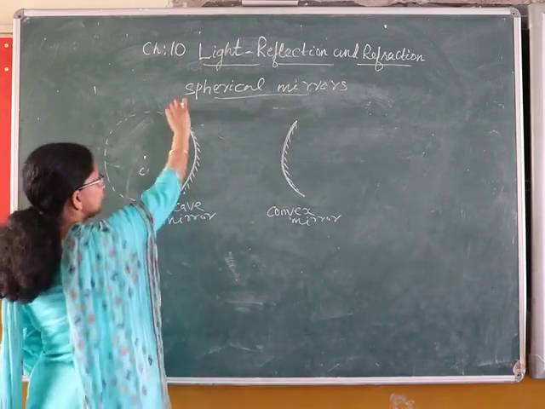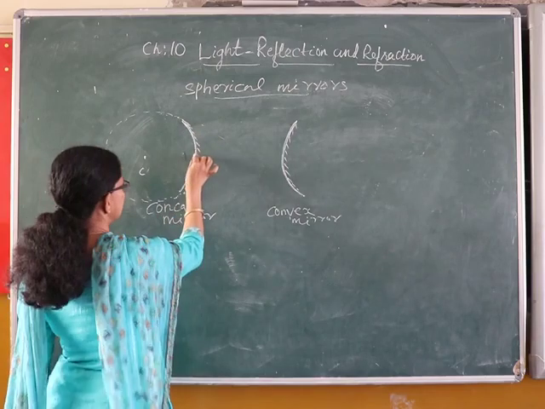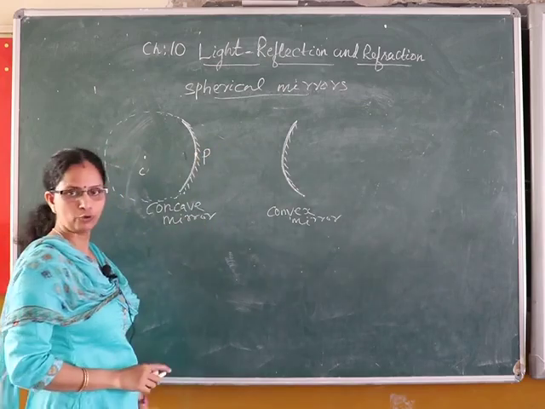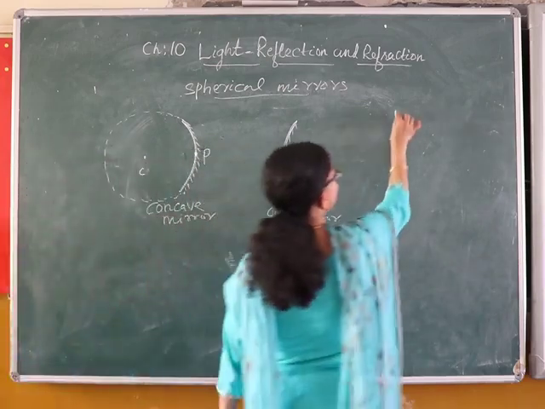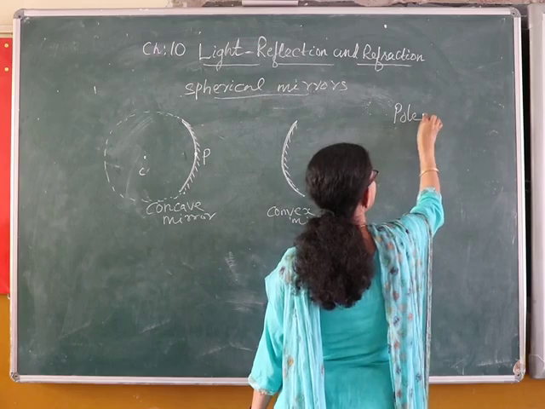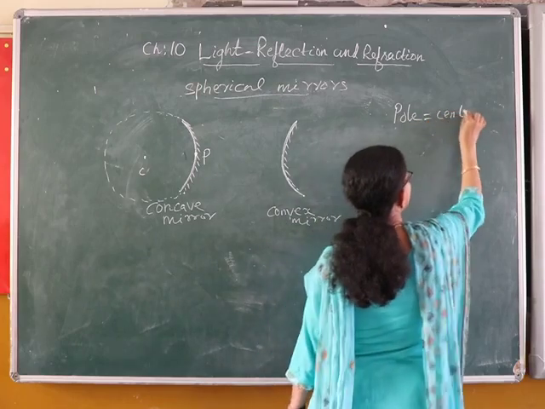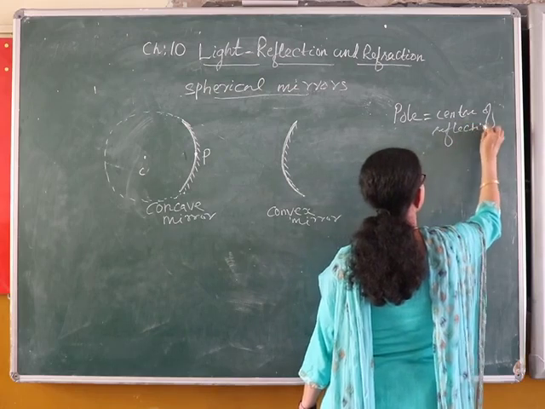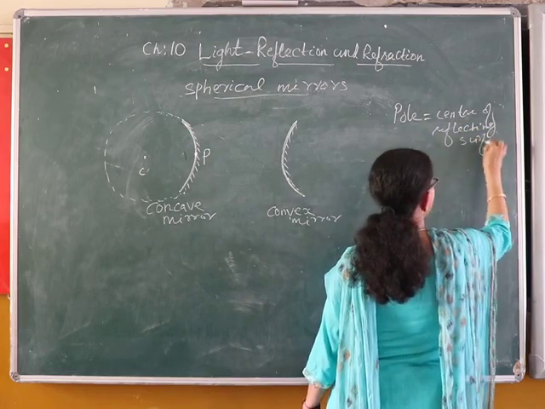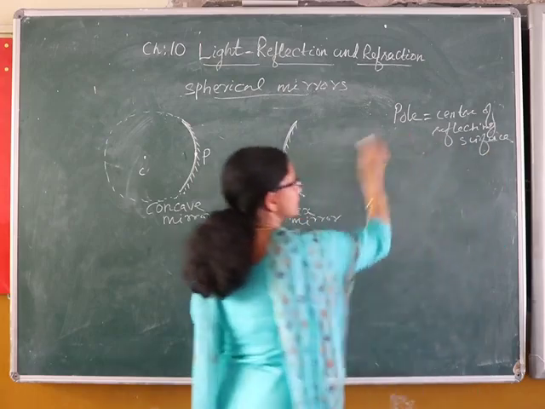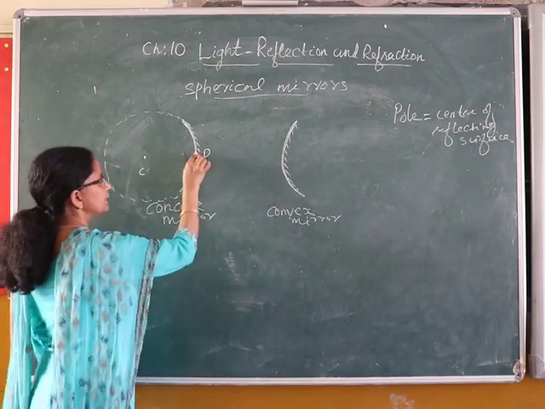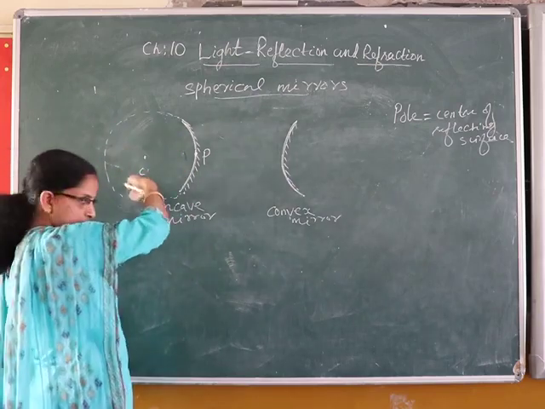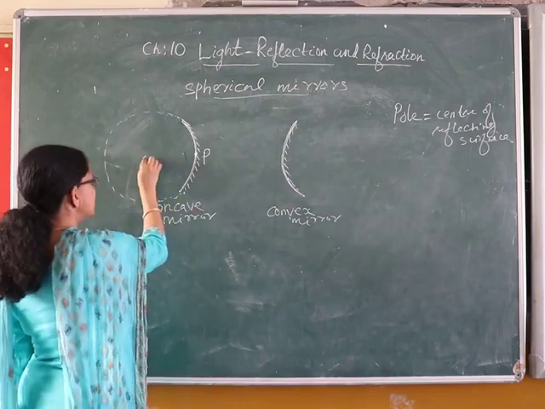At the same time, the center of this reflecting surface is known as the pole, or P. So the pole is the center of the reflecting surface, denoted by the letter P. And if we imagine this mirror as a sphere, that sphere has a center.